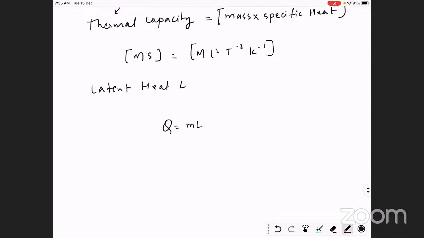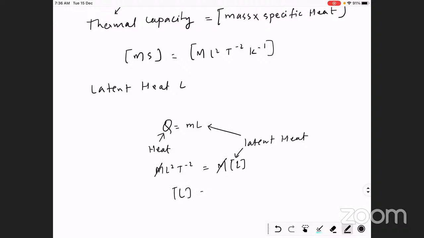Heat is equal to mL, where L is latent heat of fusion or vaporization, and Q represents heat. So M L2 T minus 2 for Q. This L is not length, this is latent heat. M got cancelled. So the dimensional formula of latent heat is M0 L2 T minus 2. This L is length and the other L is latent heat. Could you understand that?